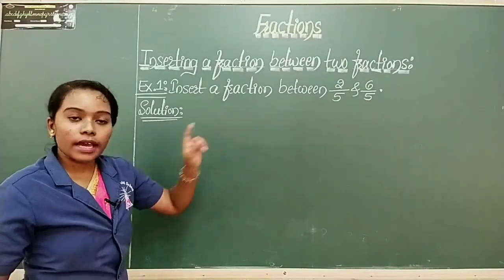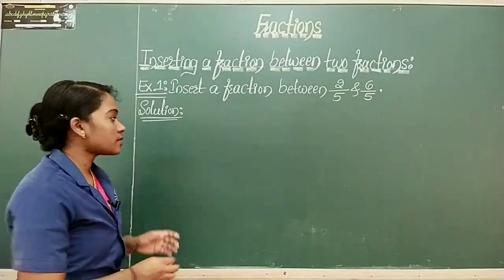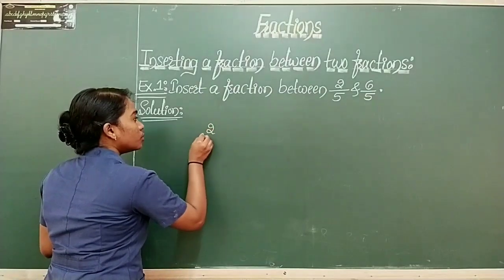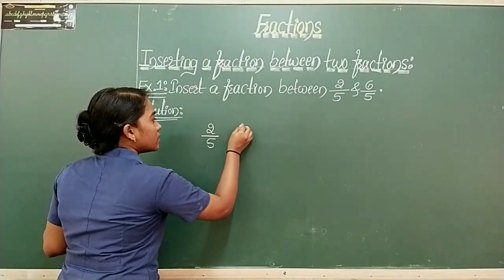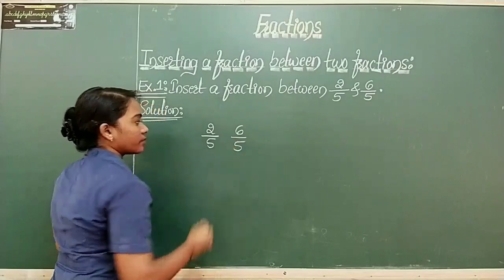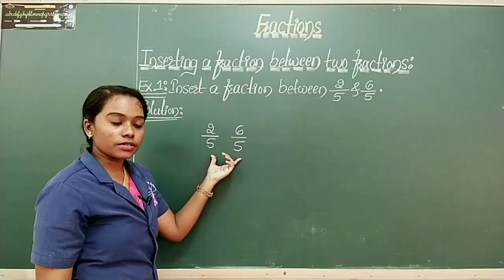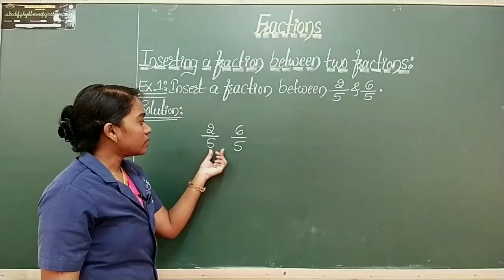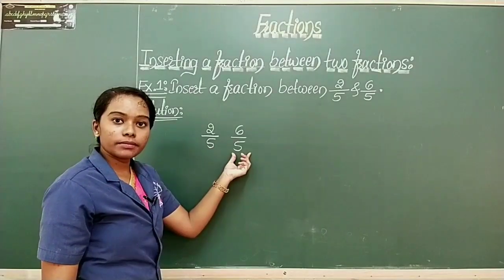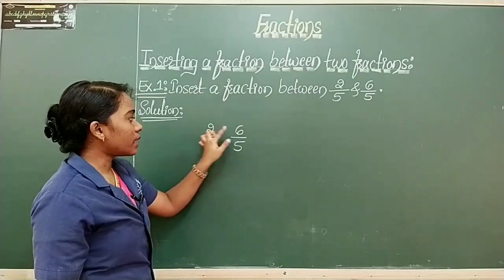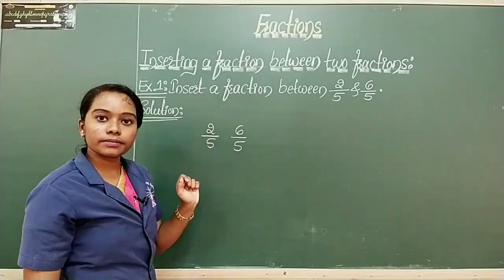Now see, they are like fractions. Write it here: 2 by 5, 6 by 5. They are like fractions. Here the denominators are the same. You just have to compare the numerators.